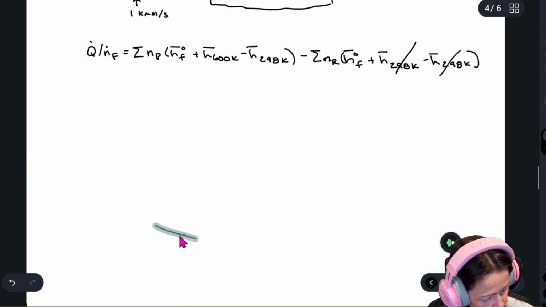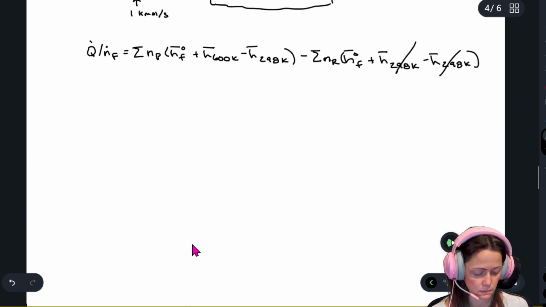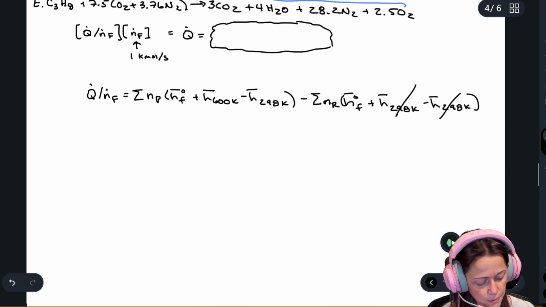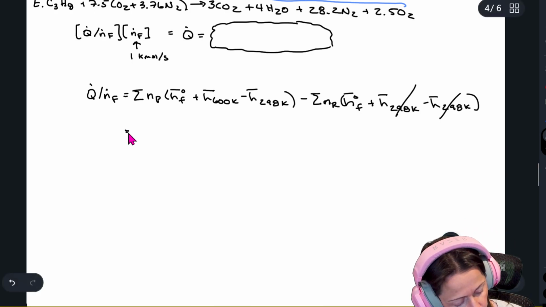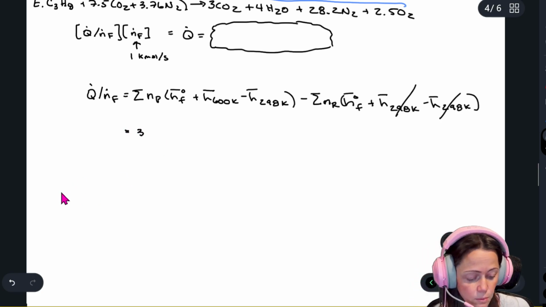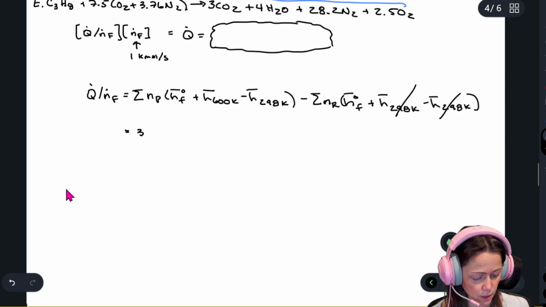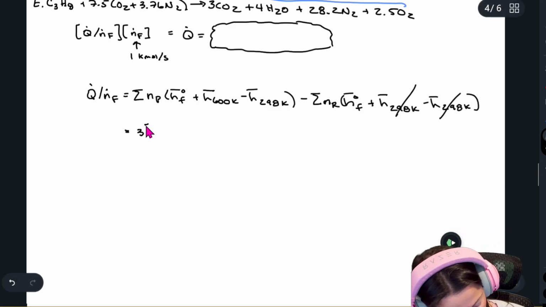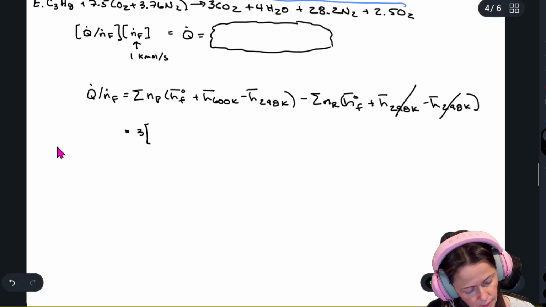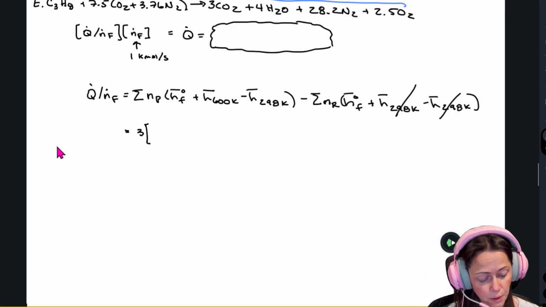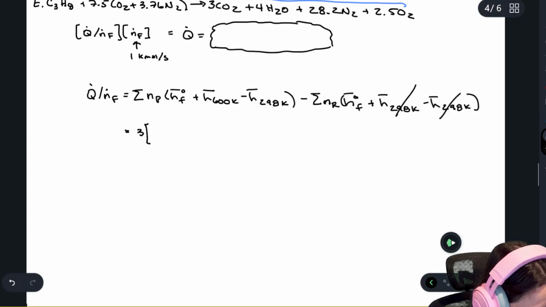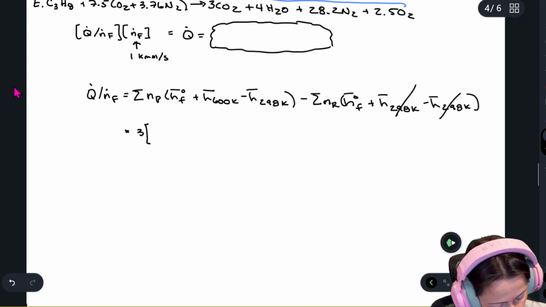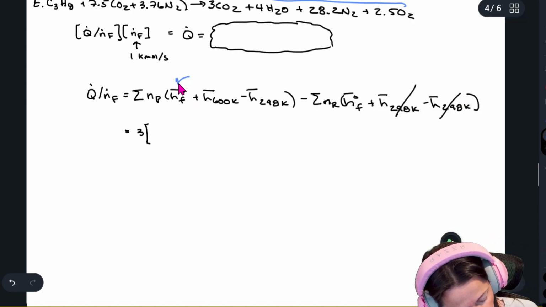All right, so now I've got to plug in some numbers. For the products, I'm going to have 1, 2, 3, 4 terms. So I'm going to have 3 kilomoles of CO2 per kilomole of fuel. So it's going to be 3 times the enthalpy of formation for each of these terms.